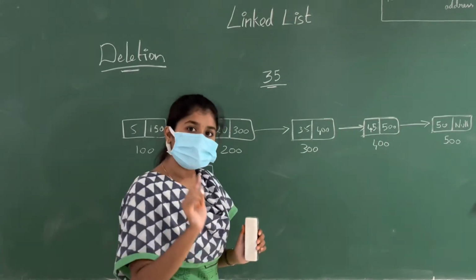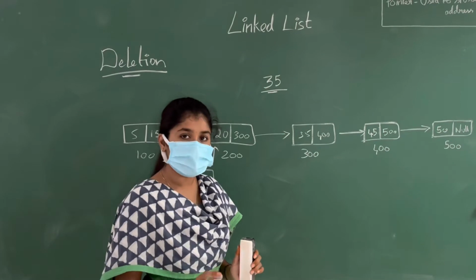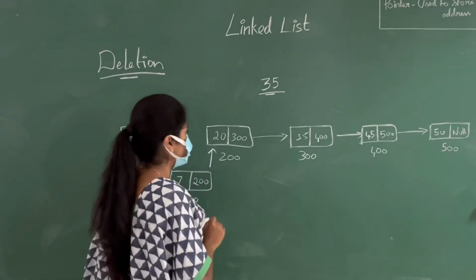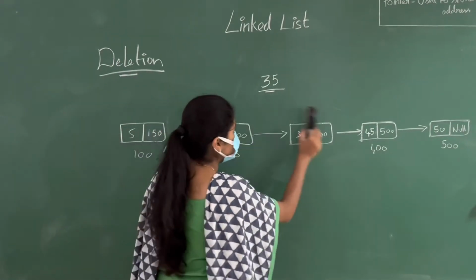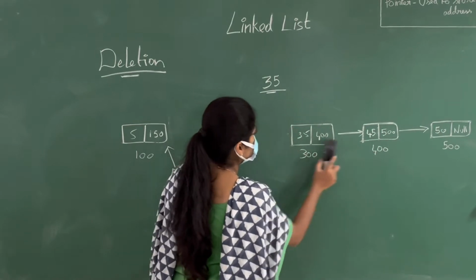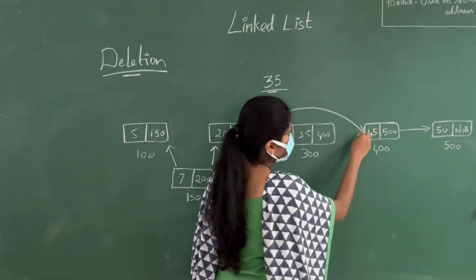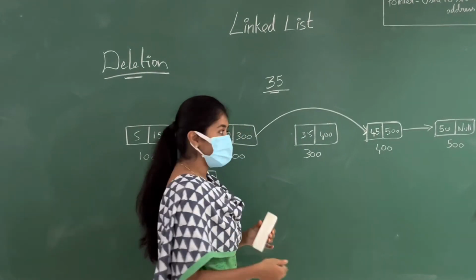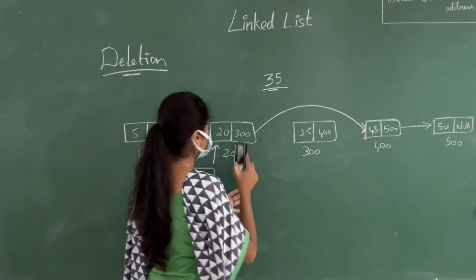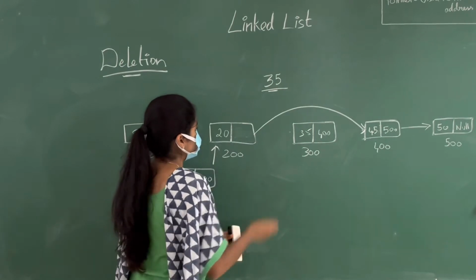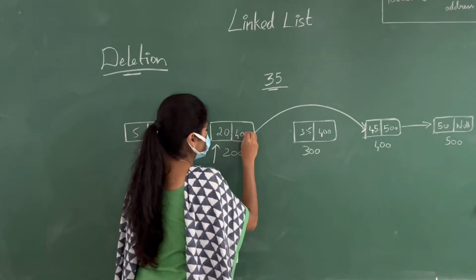It is a one pointer change operation. Deletion is just one pointer change. That is, once this node is deleted, this is going to be linked here. What does one pointer change mean? This 400 will be replaced here. Just a single pointer change.